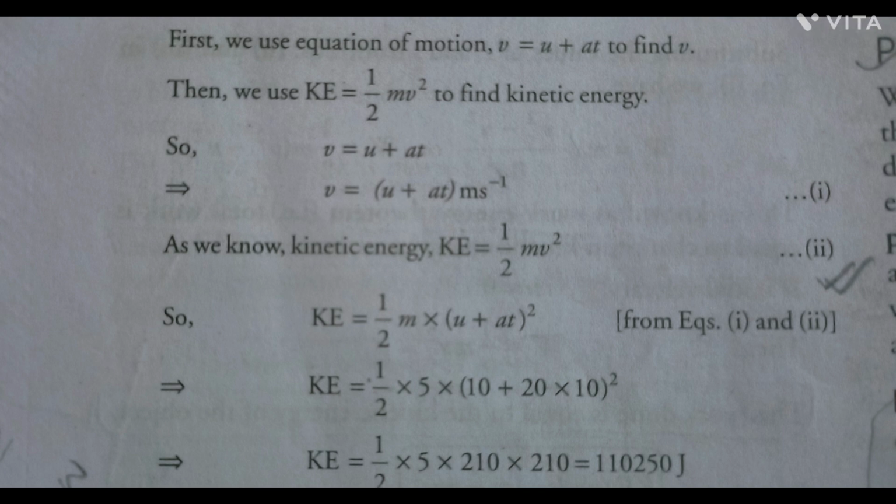So v is equal to u plus at. We can directly put the value of v, which is equal to u plus at, in the equation of kinetic energy KE, that is equal to half mv square.